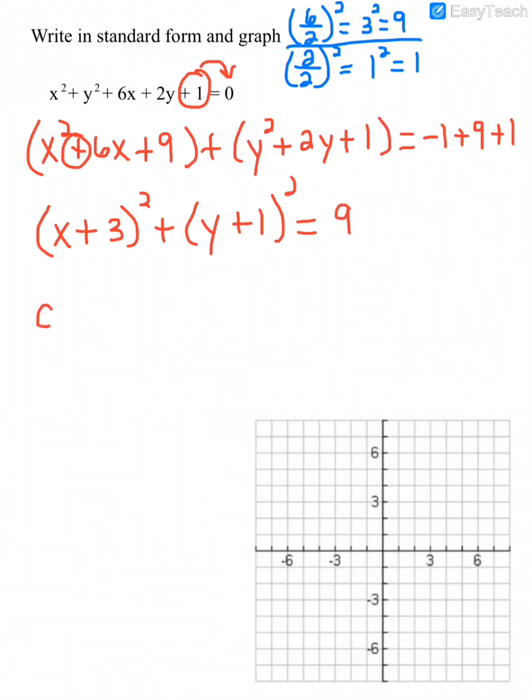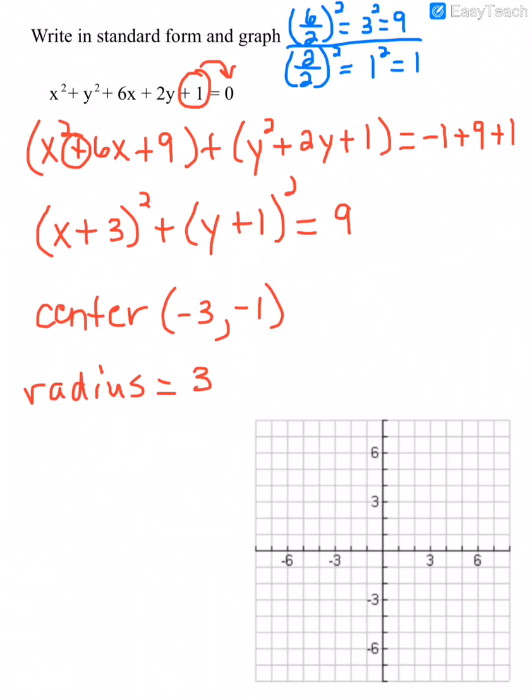So the center of my circle is going to be -3 and -1. All right, and then my radius is the square root of what it's equal to, and the square root of 9 is 3.